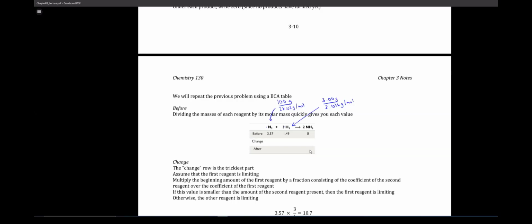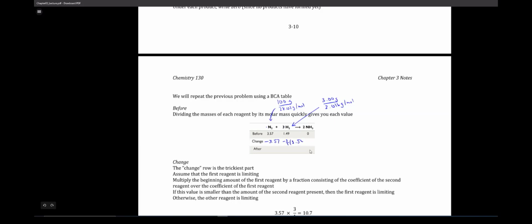What you're interested in over what you're starting with. If nitrogen is the starting one, it's 3 over 1. So I'm going to take minus 3.57. Don't fill this in. And this would be minus 3 over 1 times 3.57.